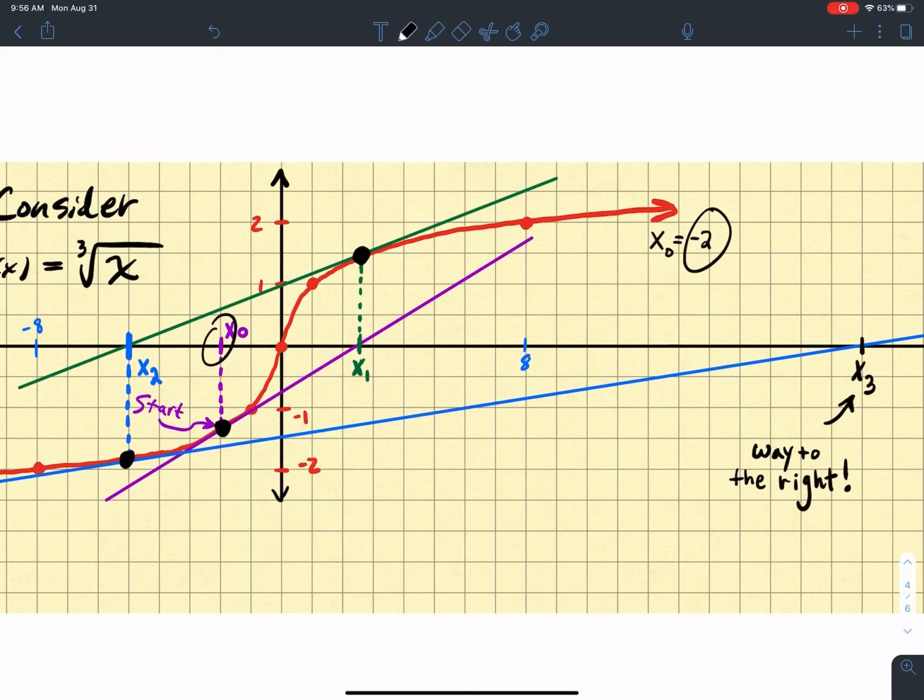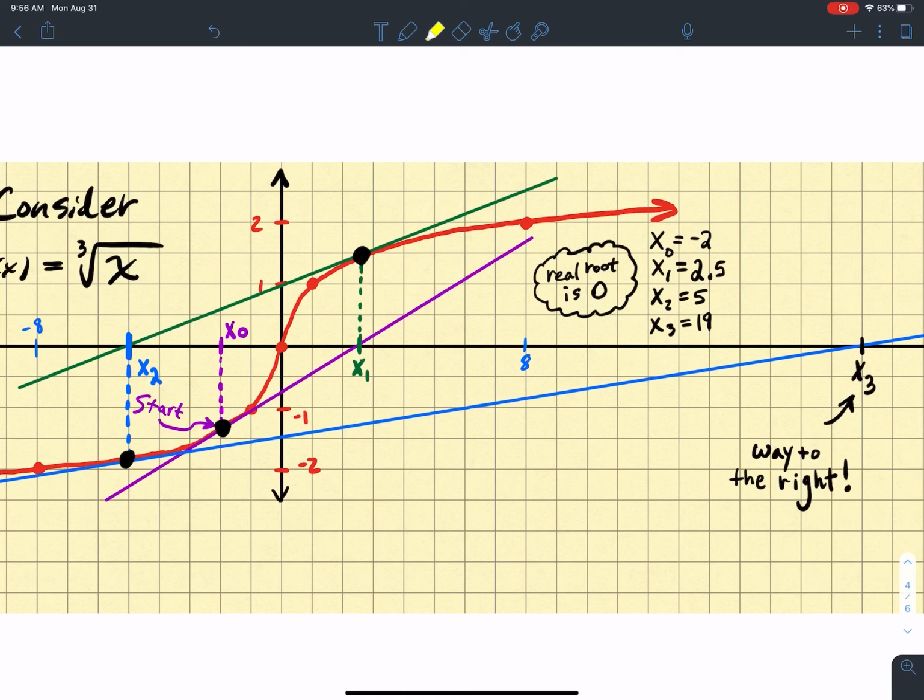So you start at -2, and then you jump to like 2.5 maybe, and then after that you jump to 5 over here. I guess that would be a -5, okay? And then 19 way over here, right?